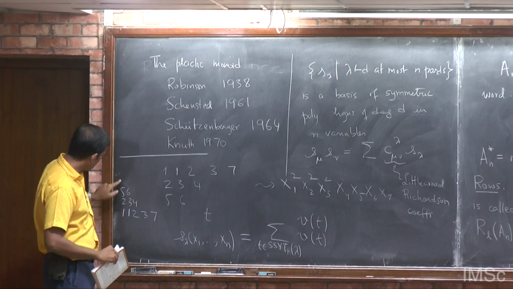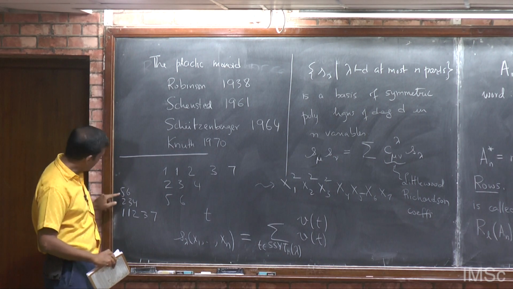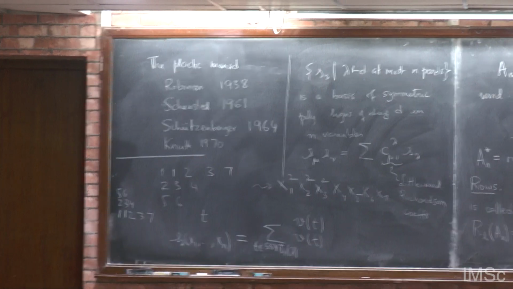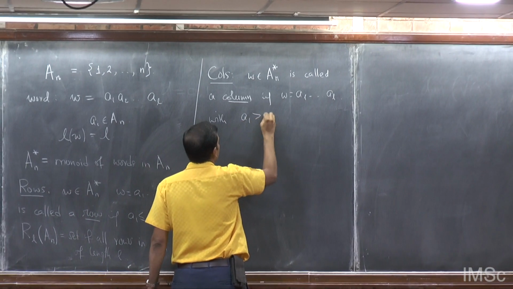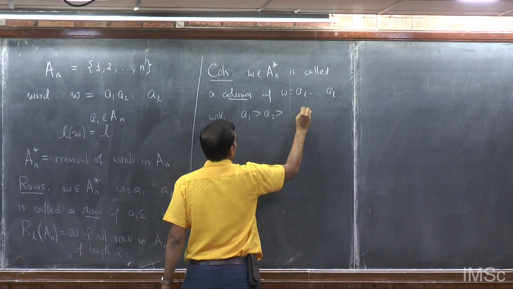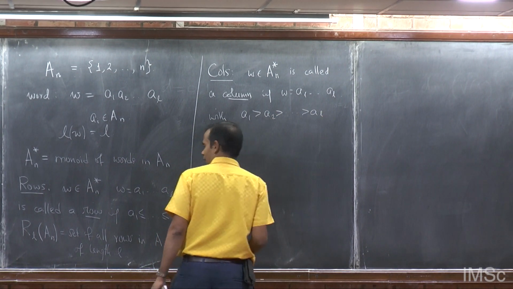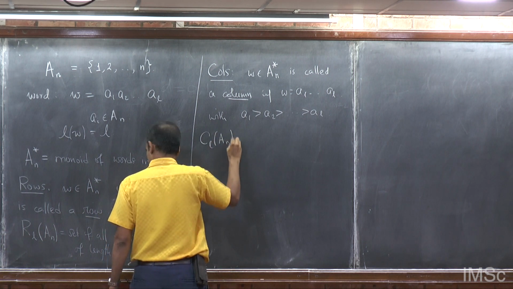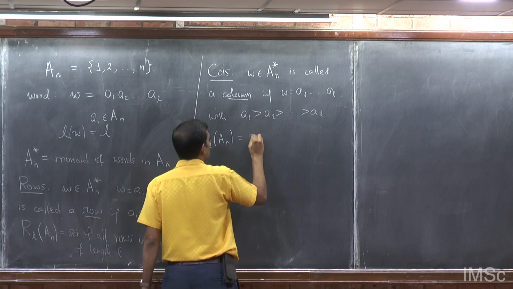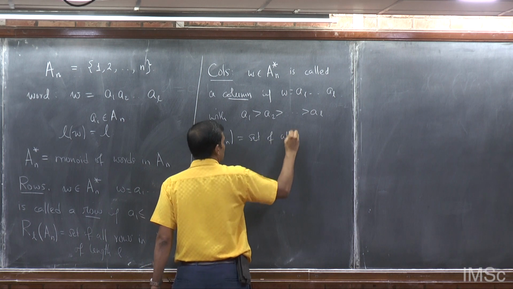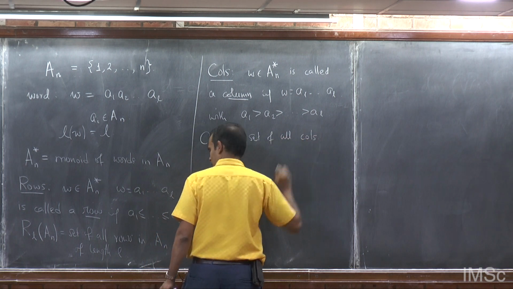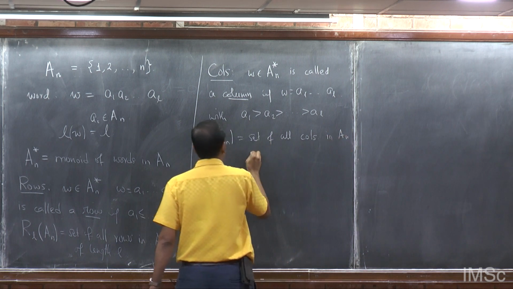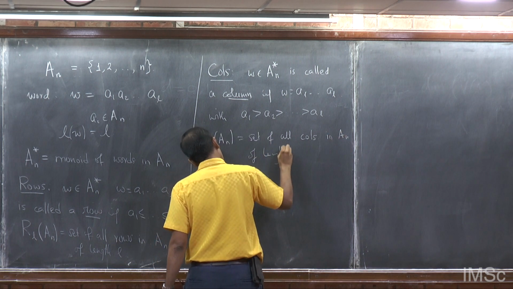When you look at these columns, they are strictly decreasing. C_l(A_n) is the set of all columns in A_n of length l.